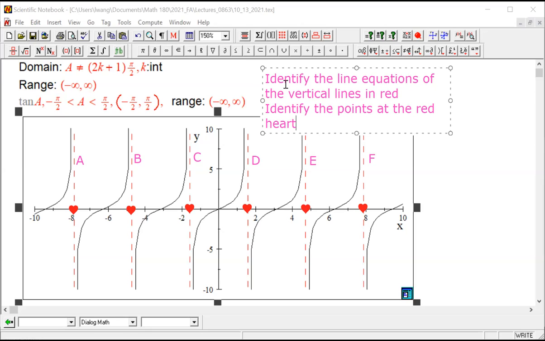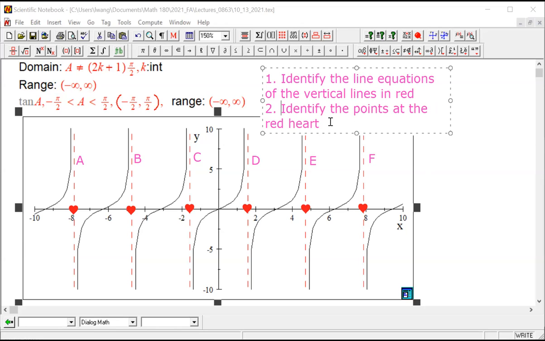Two things to do. So this is number one, number two. Everybody swing into action. Are you guys there?